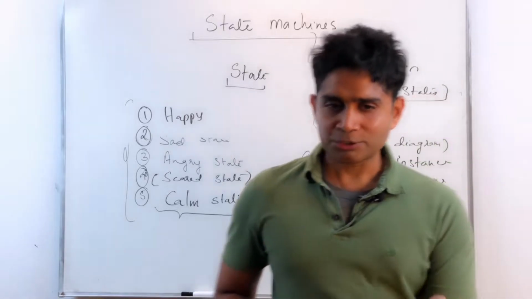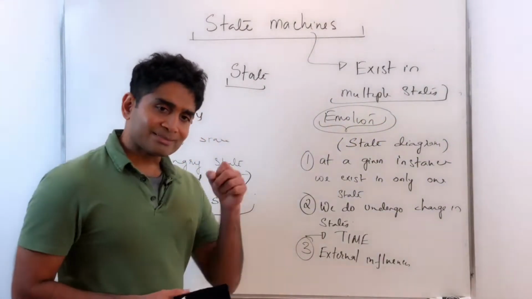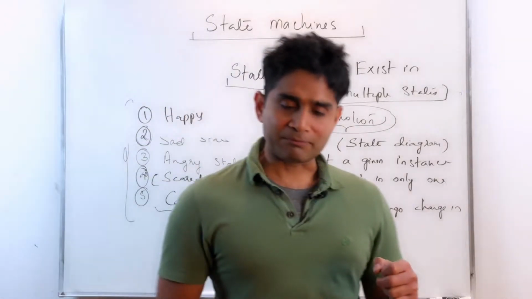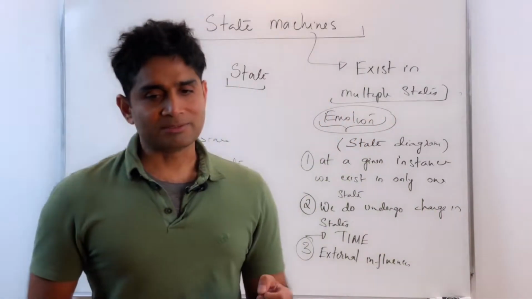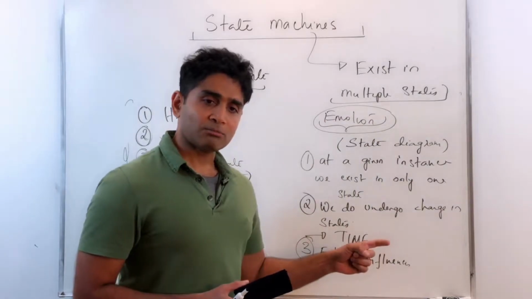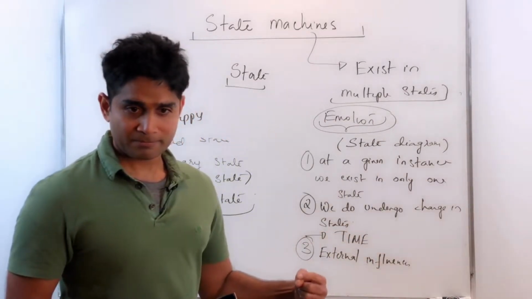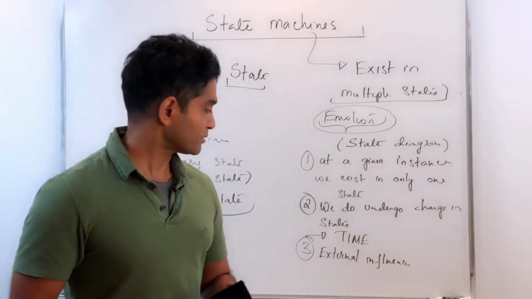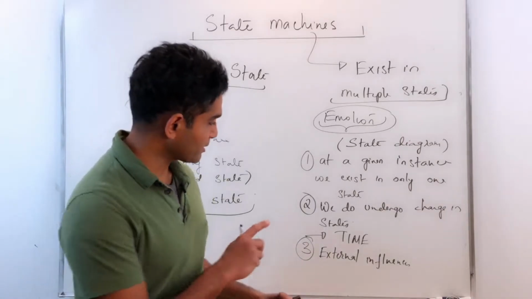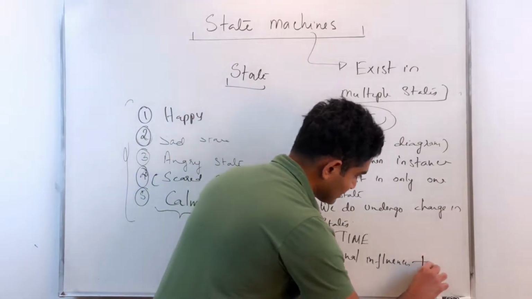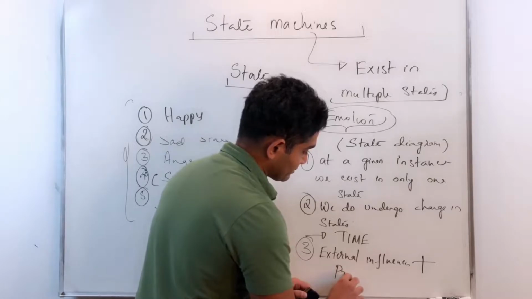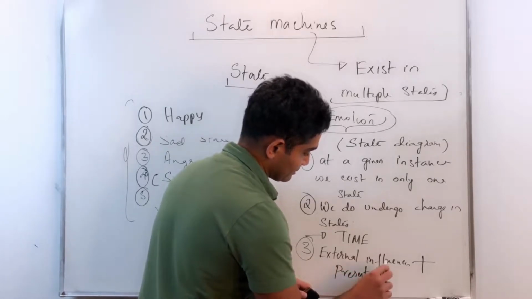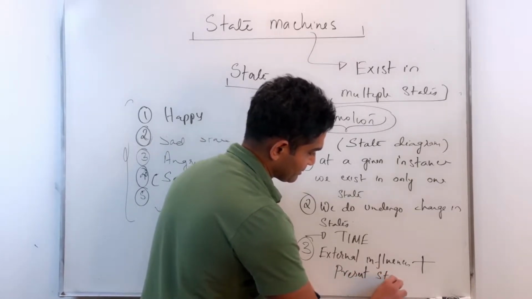So what I'm trying to get to is that the next state that I will transition to is dependent both on my present state of being as well as the external influence. So external influence and the present state of being. So I need to know what state I am in. Present state of being.